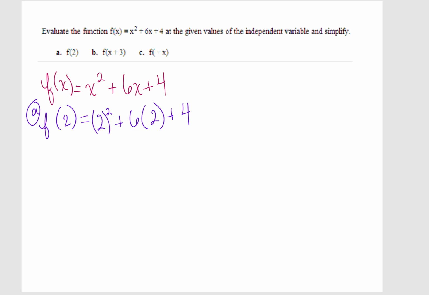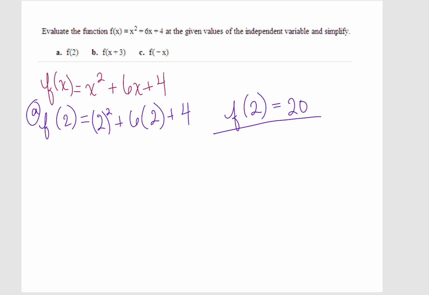And then I calculate that out. So 2 squared is 4, plus 6 times 2 is 12. So 4 plus 12 is 16, plus 4 equals 20. So basically when x is 2, y is 20. When I have an input of 2, I have an output of 20.